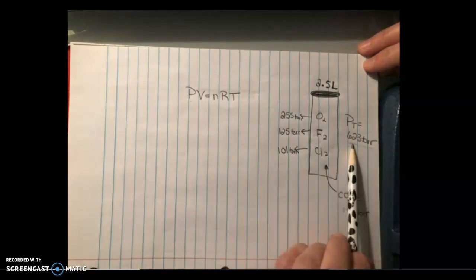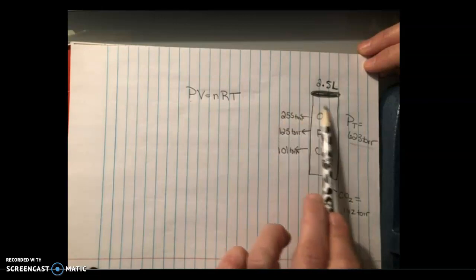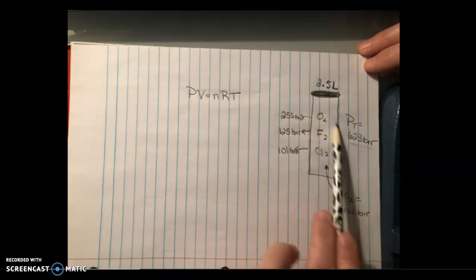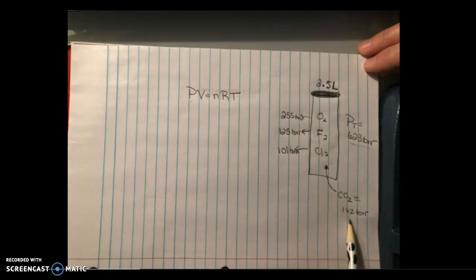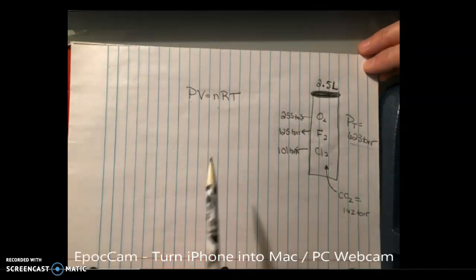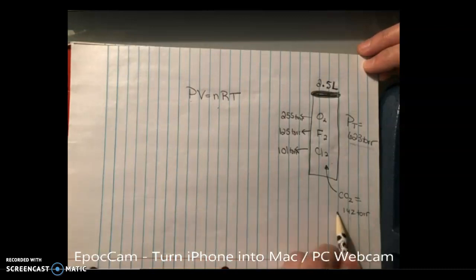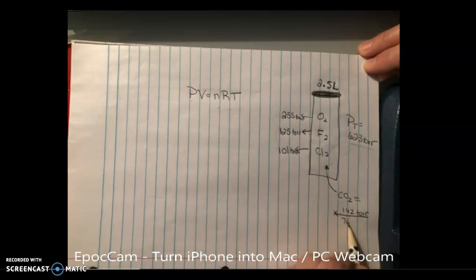This 623 torr value goes for all of these gases. So if I use that value, it is going to tell me the number of moles of all of the gases that are in here. I want to use this torr value for carbon dioxide alone to figure out how many moles is it just for carbon dioxide? And we have to remember to do some division here and convert this to the correct units to be able to use the ideal gas law.